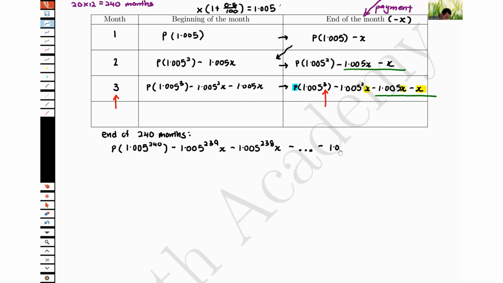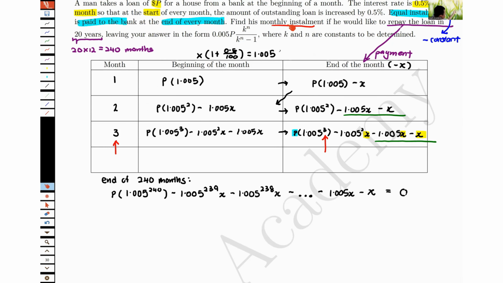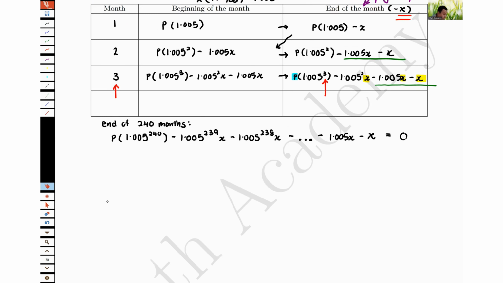So I have a 1.005 x, subtract x. You would like to repay the loan completely, so you would like the amount to become 0. We fill in as 0. What is our goal? Our goal is to find that monthly installment, which means that I would like to find your x. We let x be that monthly installment. So let's solve for the x value.